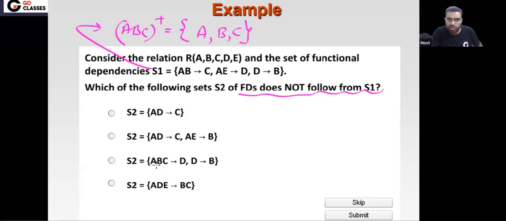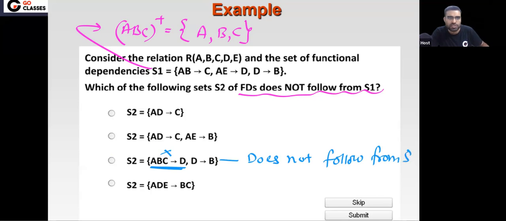So you cannot determine D. So I can say this does not follow from S1. The question is asking which does not follow, so the answer will be option C.